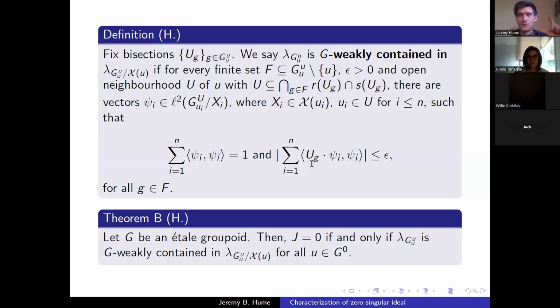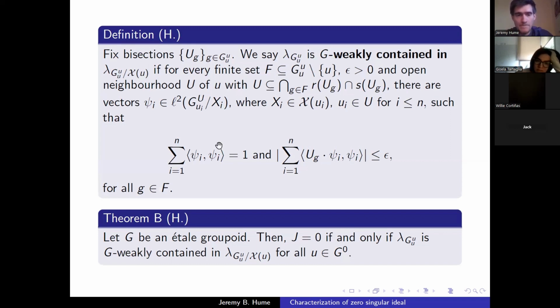If you have two groupoids that have local open subgroupoids around the isotropy that are isomorphic, then weak containment relative to one groupoid is equivalent to weak containment of the other groupoid.